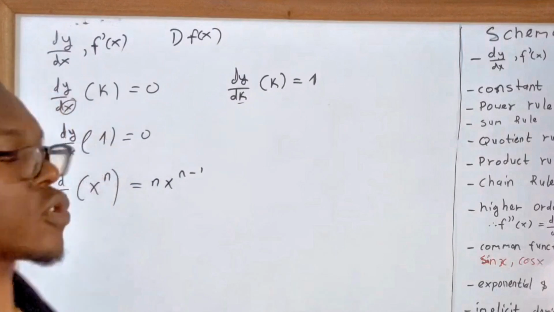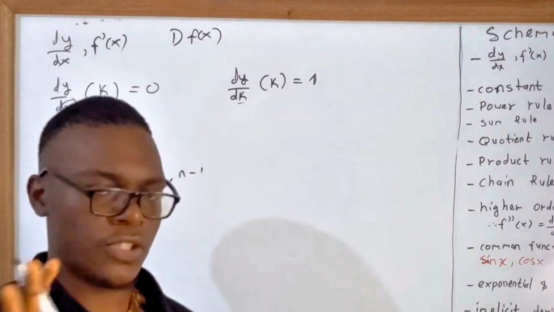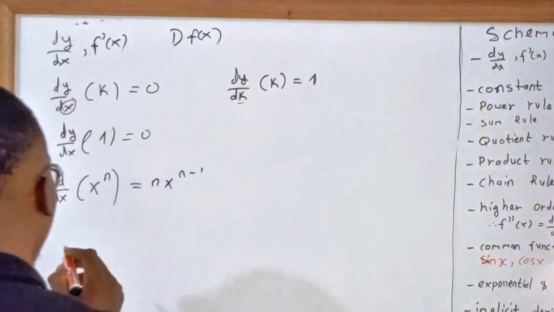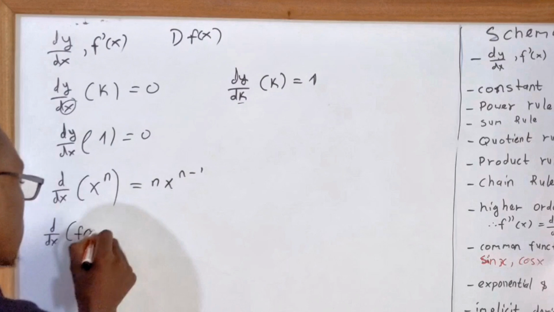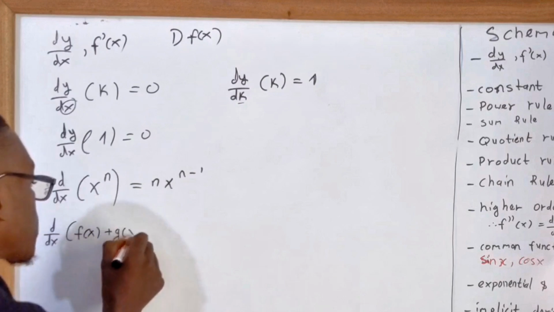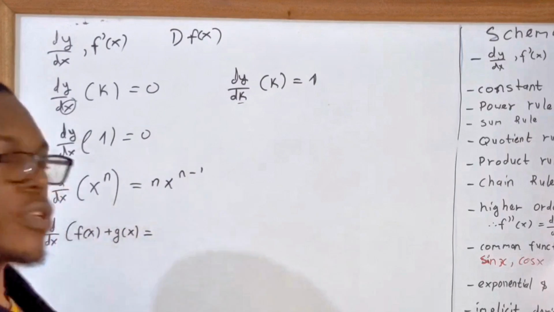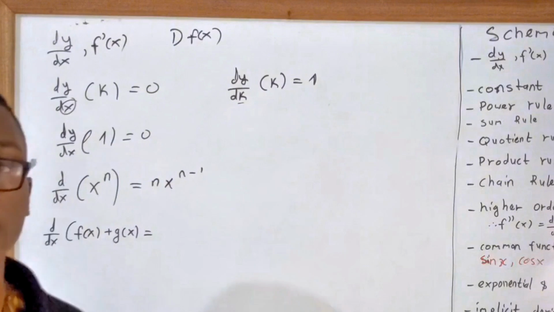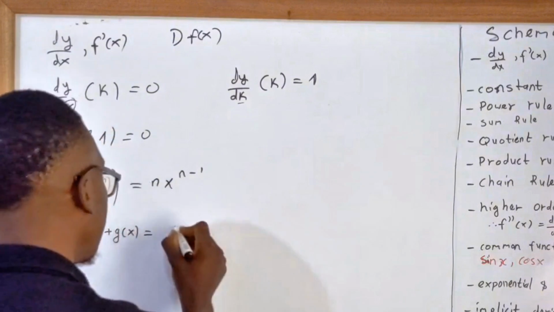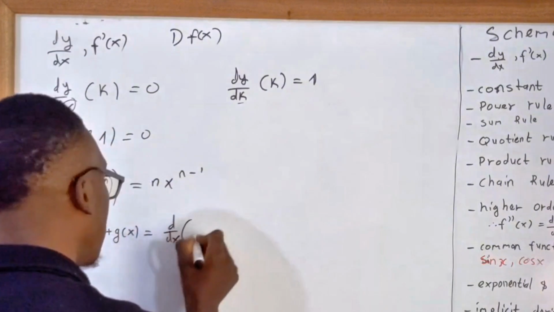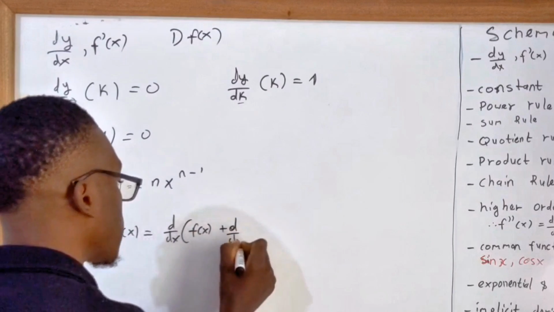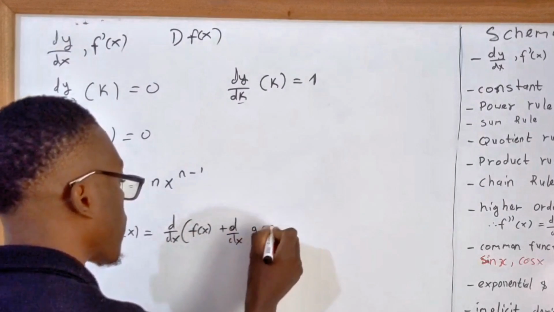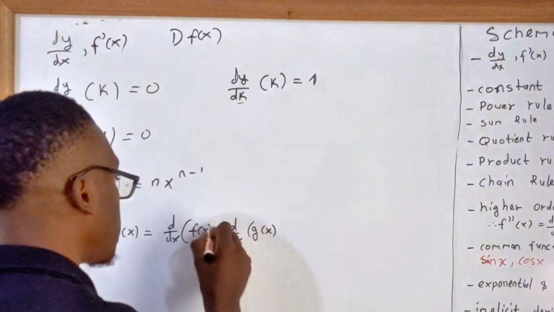Moving then to the sum rule. A sum rule, addition, okay, or subtraction. If you have d over dx of f of x plus g of x, that will be equal to what? We differentiate separately by separating f of x and g of x. And I'm going to be having d over dx of f of x plus d over dx of g of x. Okay, we are having that separately.